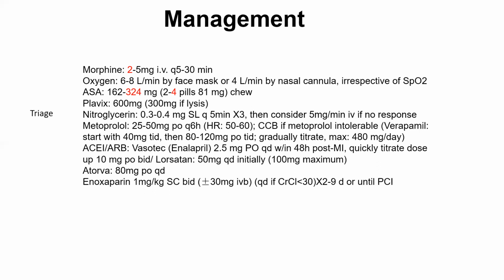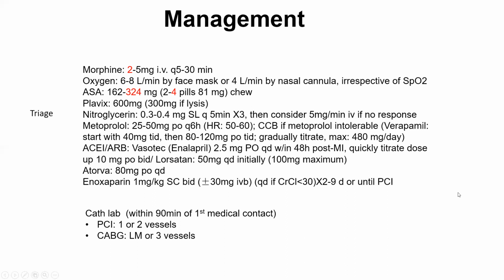And also we may think about using intensive statin treatment for the patient, like atorvastatin 80 milligram PO QD, and also enoxaparin is necessary, 1 milligram per kilogram sub-Q BID. And if the patient has some kidney problems, like creatinine clearance lower than 30, may consider using enoxaparin QD instead of BID.